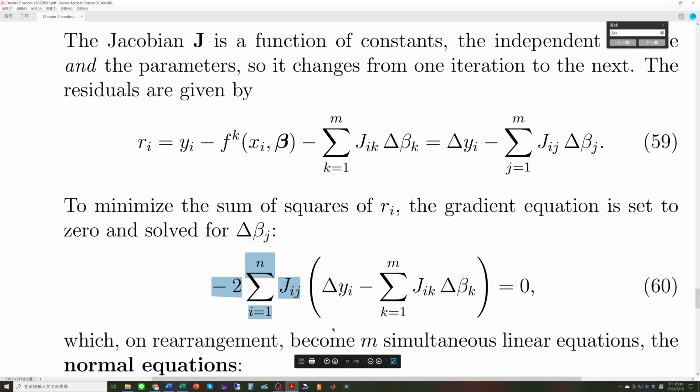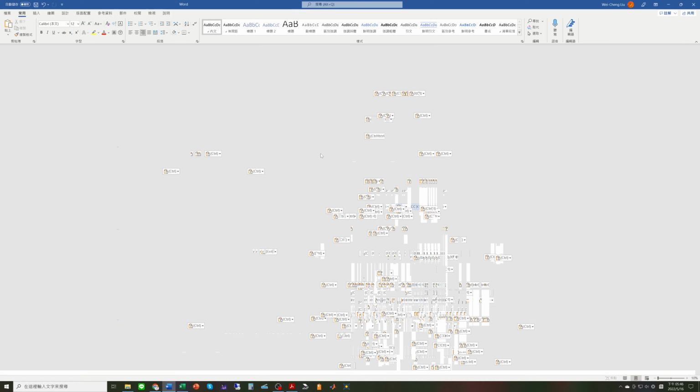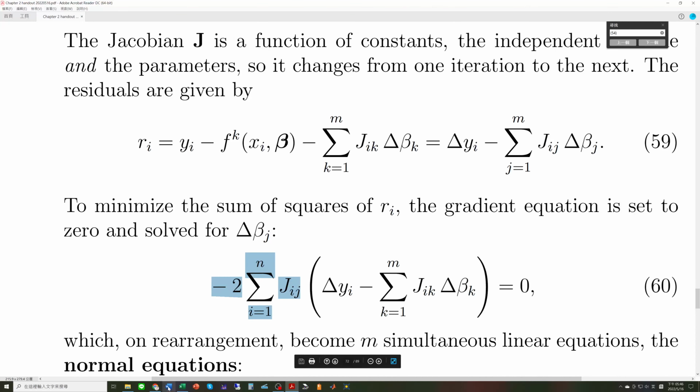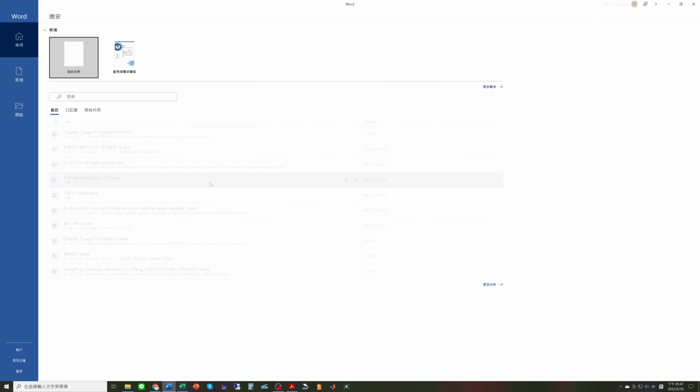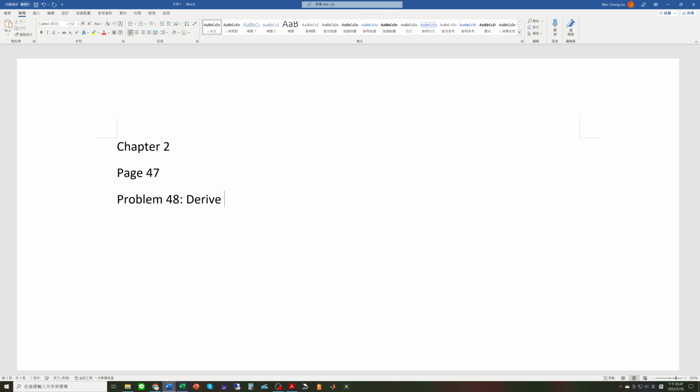Let us see how to derive equation 60. I will use Microsoft Word instead of the blackboard. This is chapter 2, page 47, problem 48: derive equation 60 in the handout.